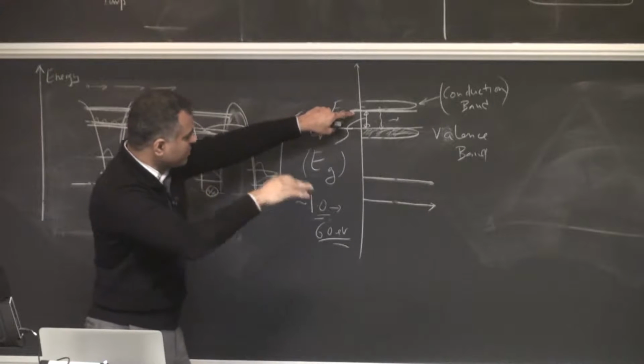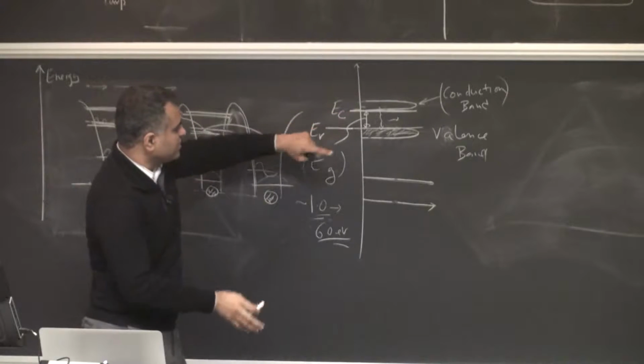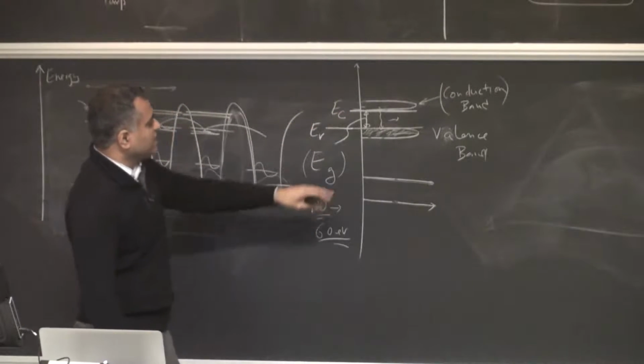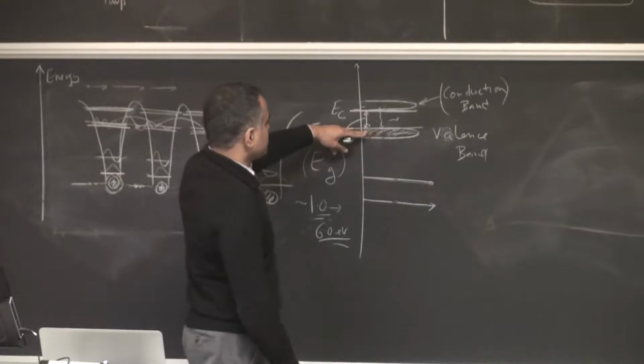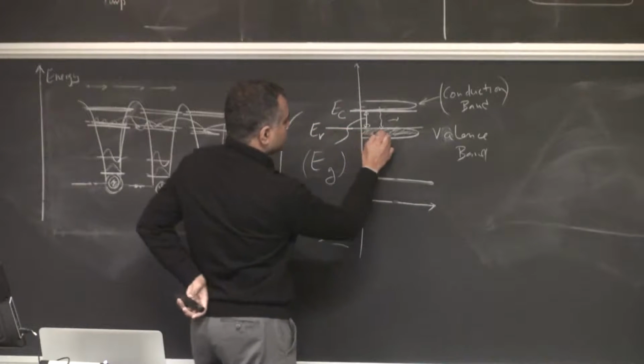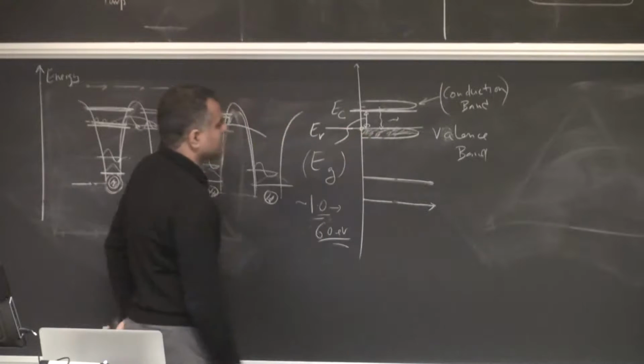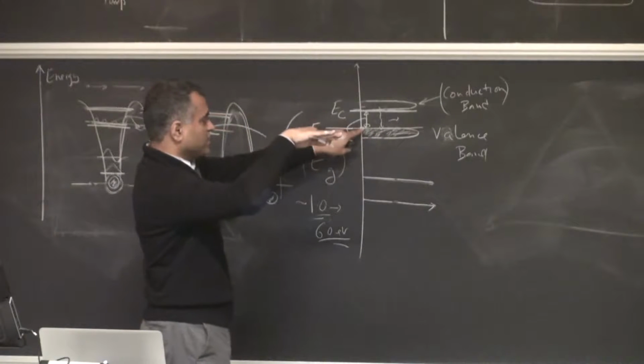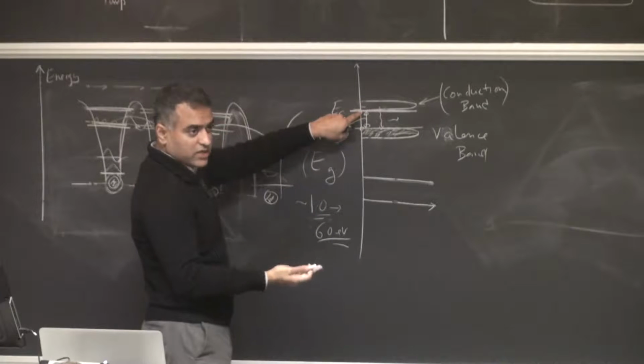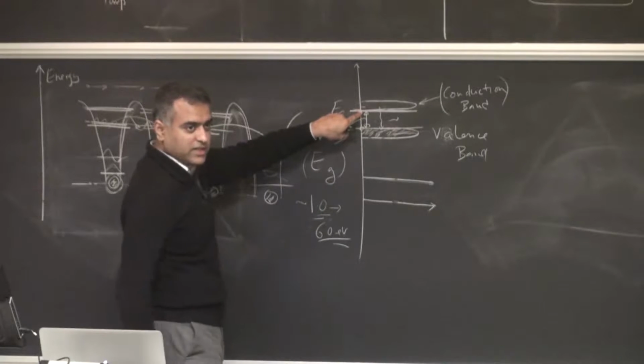EC is the minimum of the conduction band and EV is the maximum of the valence band. Those of you who have taken general chemistry courses, this is the exact same thing as the highest occupied molecular orbital and the lowest unoccupied molecular orbital. Exactly the same thing, no difference really, right?